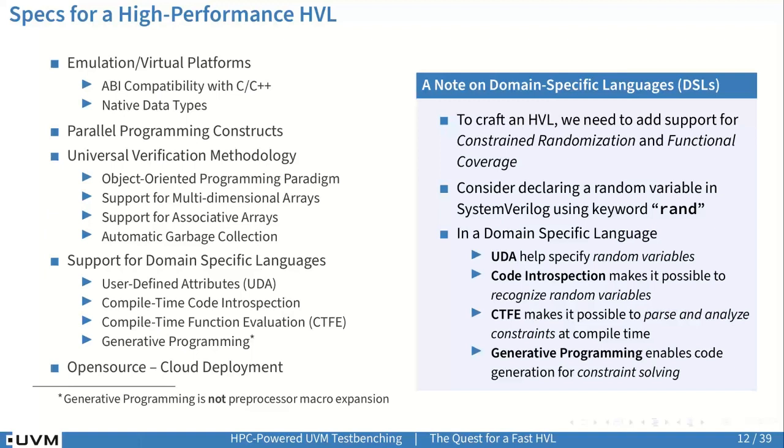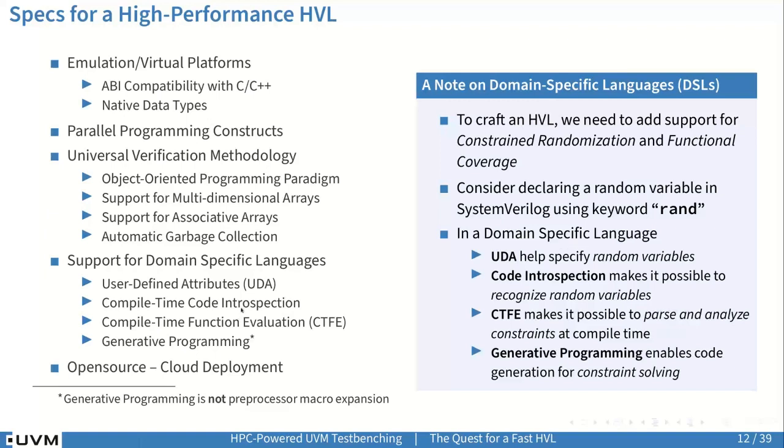So we need user-defined attributes. We're going to take a look at what these are. We need compile time code introspection, which is very useful for making a very fast, efficient constraint solver. We need compile time function evaluation and generative programming, which is different from preprocessor macro expansion.